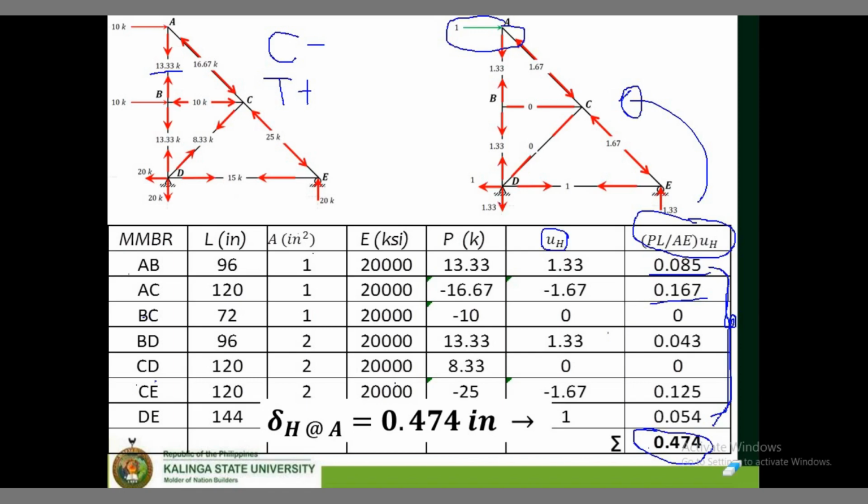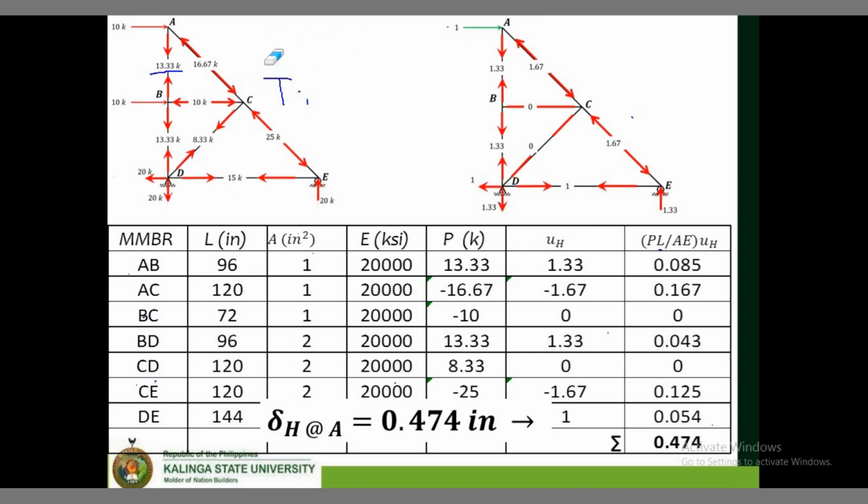So, okay tayo sa virtual work method. I understand na nakakalito pa siya. But as I've said a while ago, kindly be familiar with method of joints and method of section kasi yun yung gagamitin talaga natin in truss deflections.